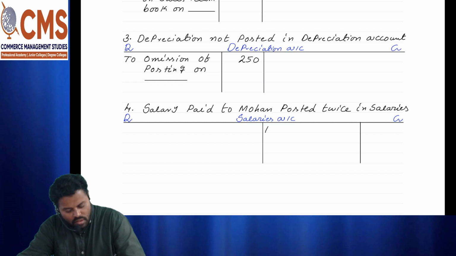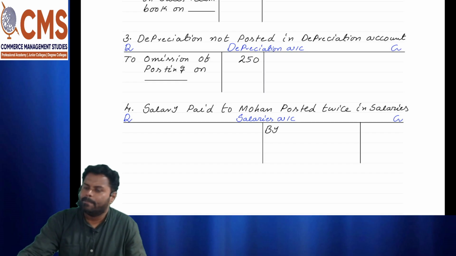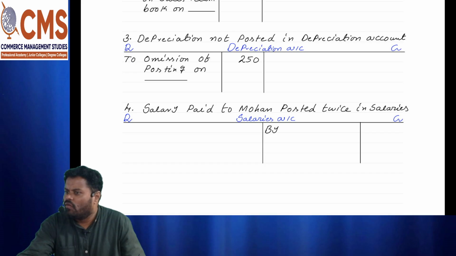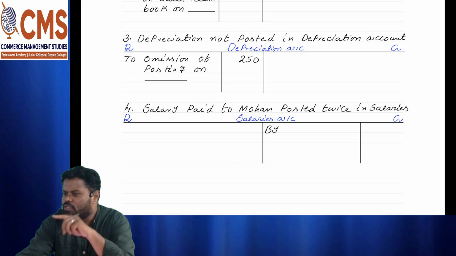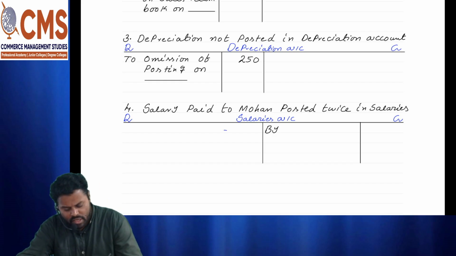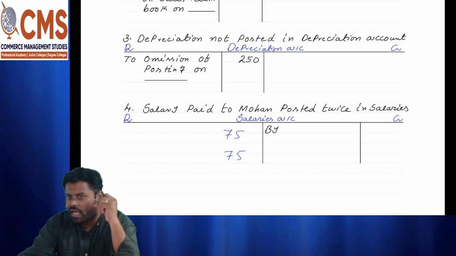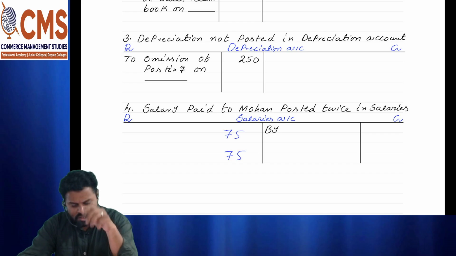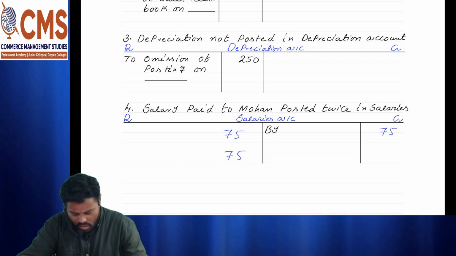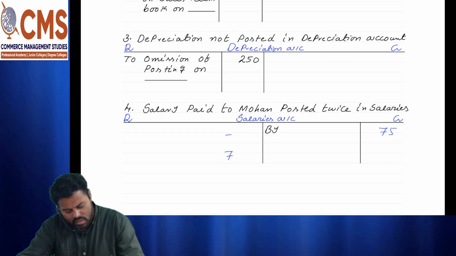Right. So what will you write? By... what is done? What is the mistake? Actually, how much did you pay? Sorry. Next one is commission. You wrote twice. See, you paid 75 rupees salary only once, but you wrote it 2 times in salary account. In order to cancel one of the 75, we are writing 75 here, right? So what is the statement that you will write?